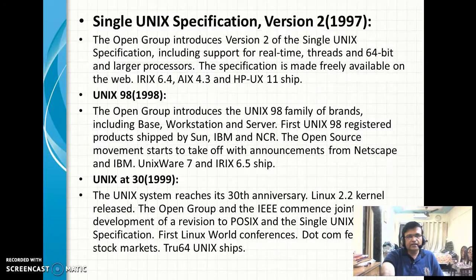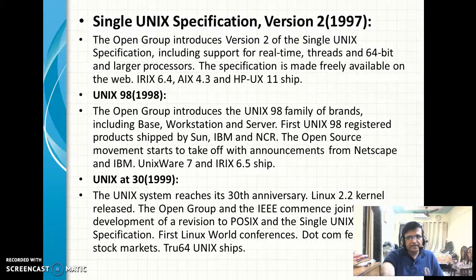In 1998, Unix 98 was released with a family of brands including base, workstation and server. Unix 98 registered products shipped by Sun, IBM and NCR. The open source movement starts to take off with the announcement from Netscape and IBM.